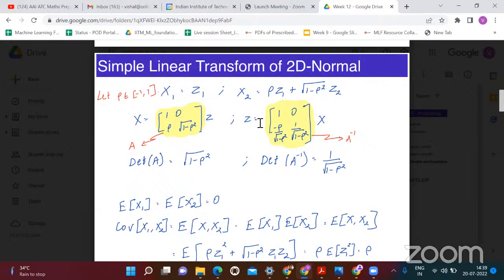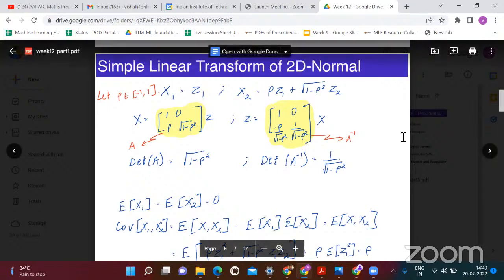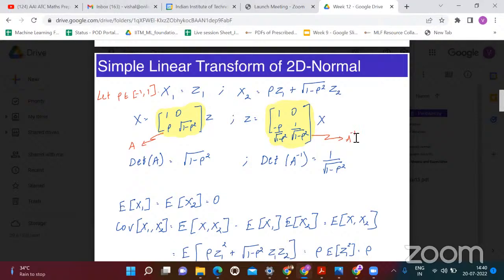We tried to write Z in the form of X. Earlier we wrote X and Y in the form of U and V. Here we are trying to write Z in the form of X, because regarding Z we already know the distribution. So now we have A inverse, and A inverse can simply work as the Jacobian for us.